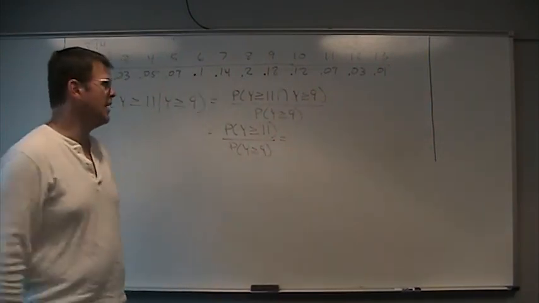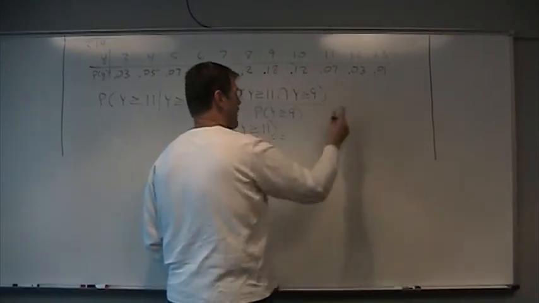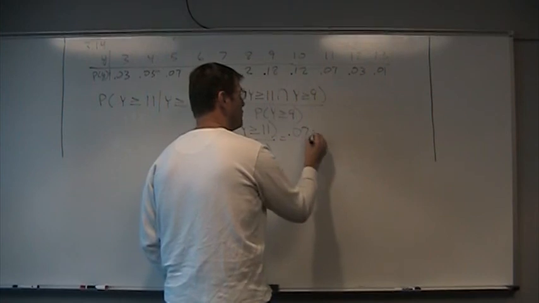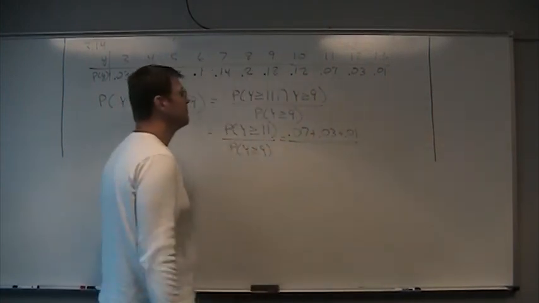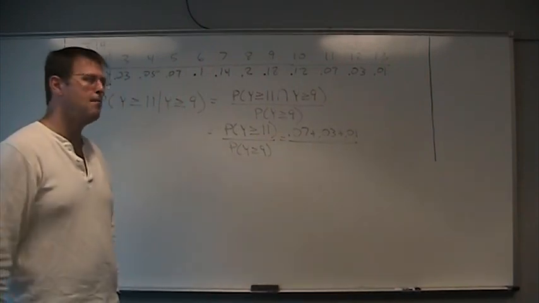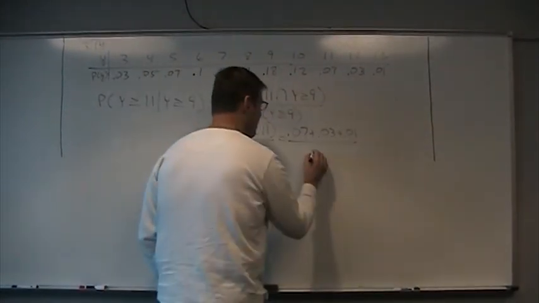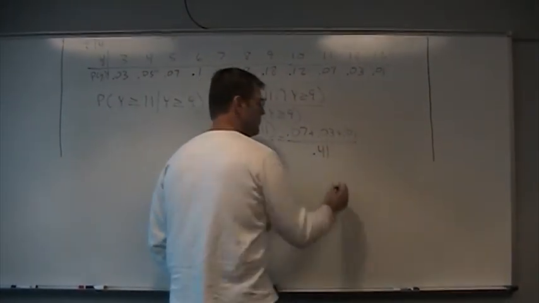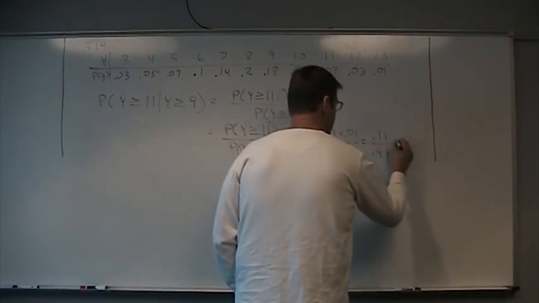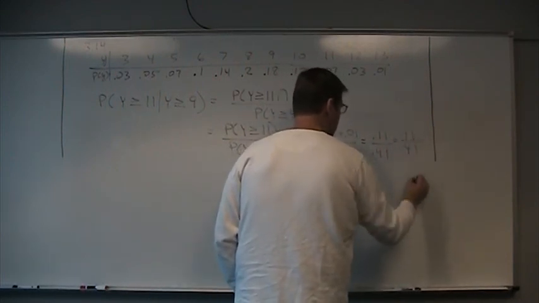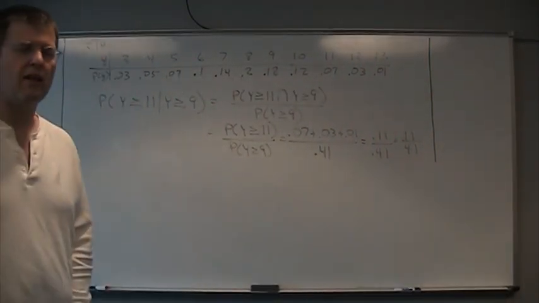If we go back to our table here to get the probability that y is greater than or equal to 11, we're adding up our last three probabilities, 0.07, 0.03, and 0.01. And then we're going to divide by what we got for our first example, which was adding the last 5. We got 0.41. So this is 0.11 over 0.41. If you want, 11 over 41, which is going to be slightly more than a quarter.